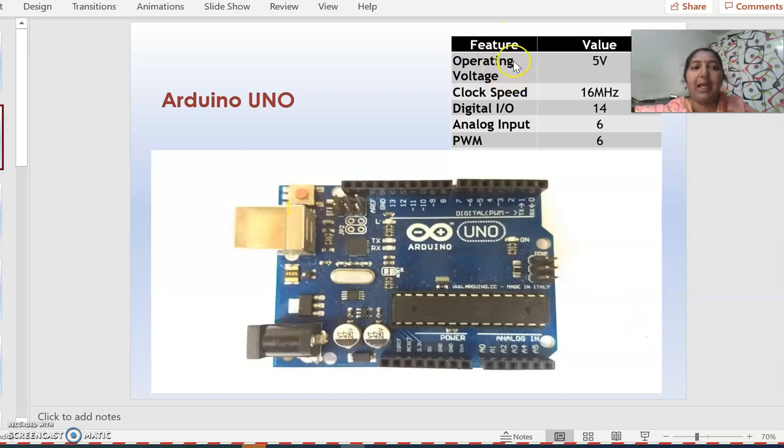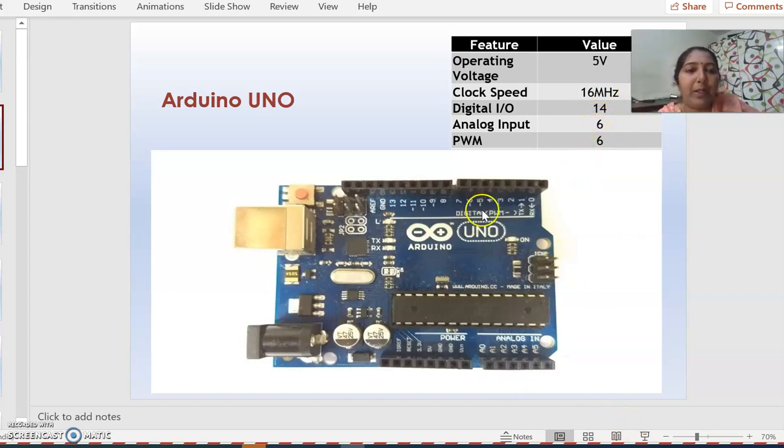So again, I am revising the important points related to this Arduino board. One is it can operate by using a 5 volts power supply, and by using the crystal oscillator it provides a clock signal frequency of 16 megahertz, and it contains 14 digital IO pins, that is from 0 to 13, and it contains 6 analog input pins, that is here.